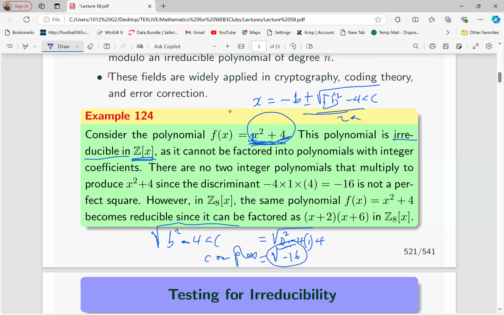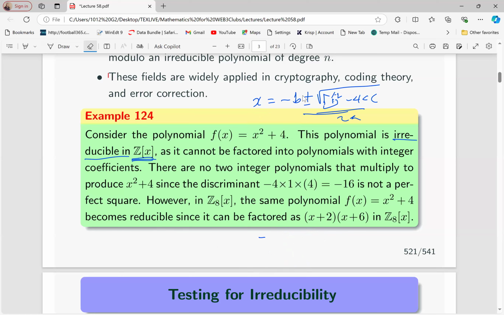It's complex. You cannot factorize this when you're considering the field of integers. But that does not mean that it cannot be factorized.